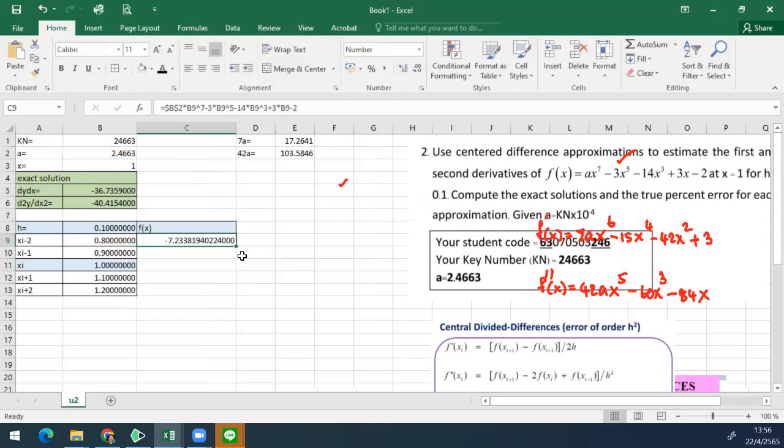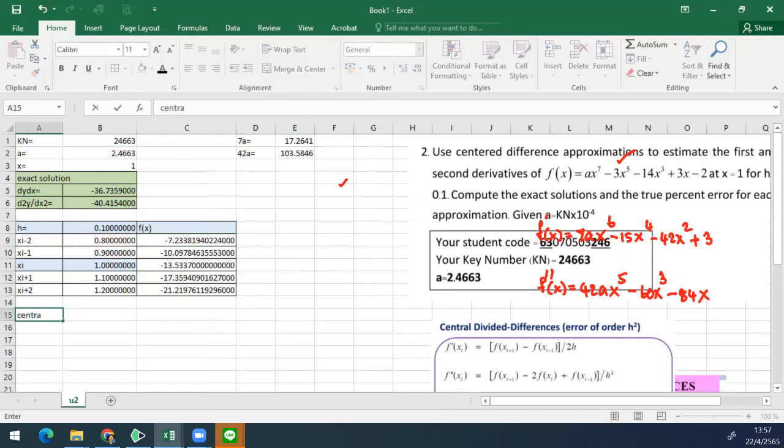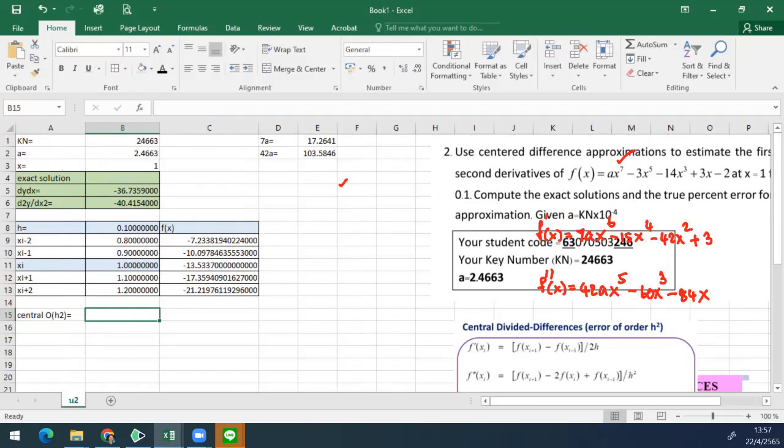Okay, and then it should be like this. Now we have fx already, right? Okay, so then we may determine the central difference. We may start with O(h squared) first. So for the case of central difference with O(h squared), this is about the percent error, right?